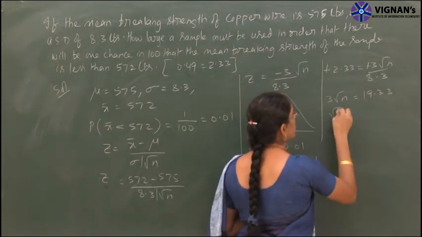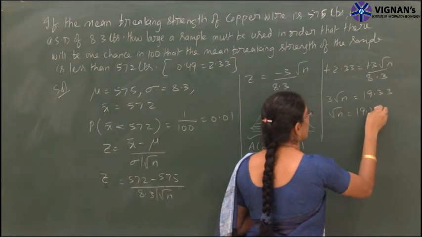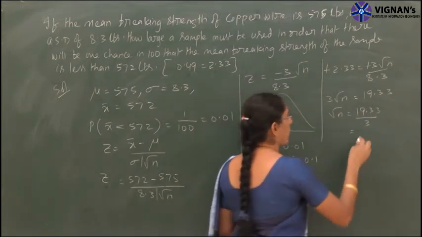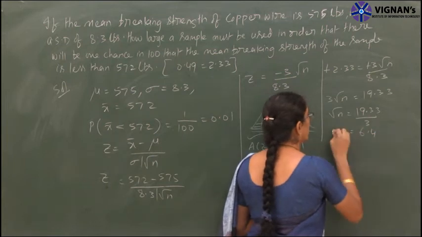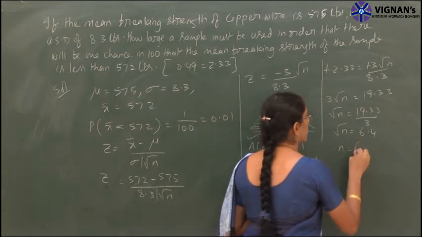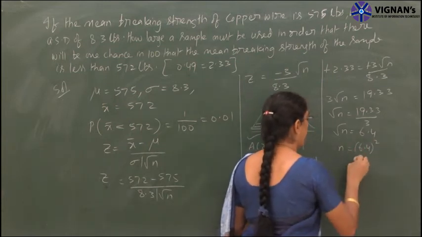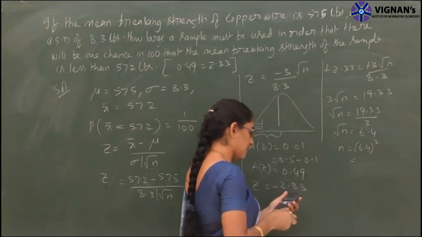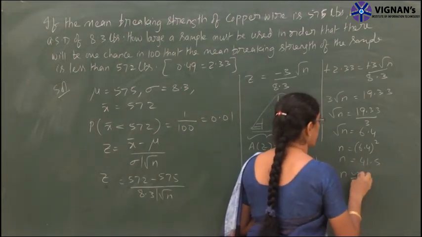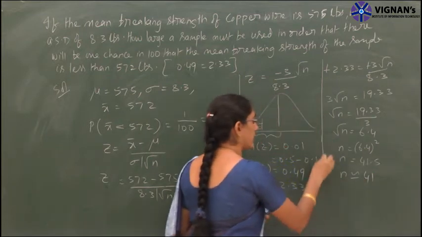Now from this root n is 19.33 by 3 here. So it is 6.4. So this is root n, but we want the sample size n. So n equal to 6.4 square. Make a square of this. It is 41.5. That means the sample size is approximately 41 here.